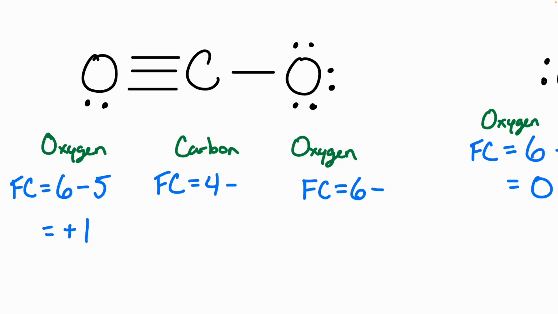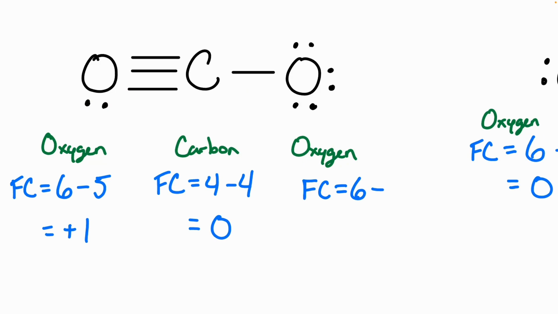All right, if we look at the carbon in the middle, how many electrons do I have in my circle? Half of each covalent bond, so 1, 2, 3, 4. So this carbon has 4 electrons, so the carbon has a formal charge of 0.